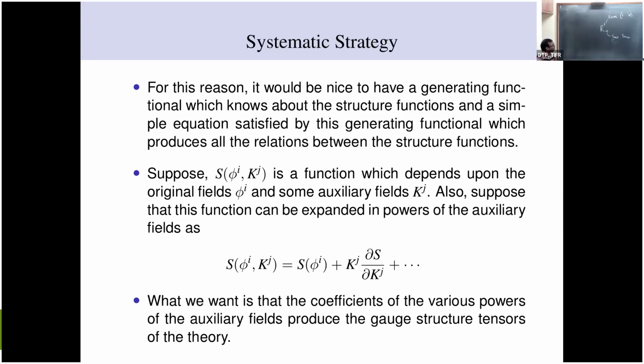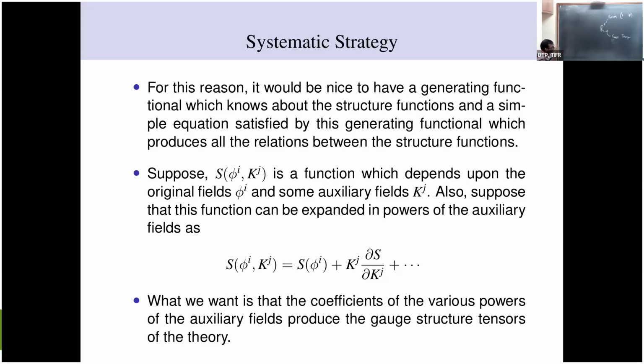What we would like to have is a function S, which is a function of the original variables phi i and new variables, auxiliary fields k i, and suppose you expand this function in powers of these auxiliary fields. We want the coefficients of the various powers of the auxiliary fields k i to be written in terms of the gauge structure functions.